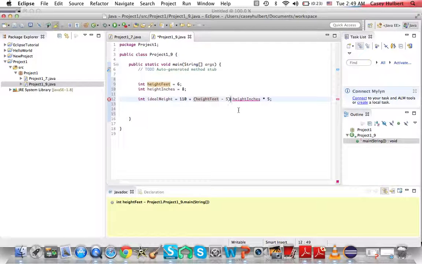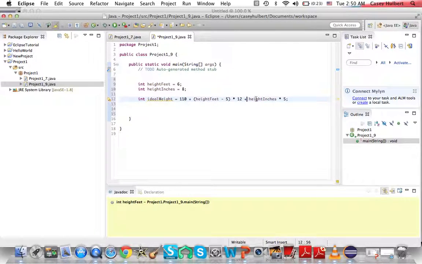But we need to get that 1 foot and multiply it by 12, because we need the amount of inches so we can multiply it by pounds. So since this is 1 left over, we multiply that by 12, right? And then from this 12, we need to add the height in inches, which is 8.